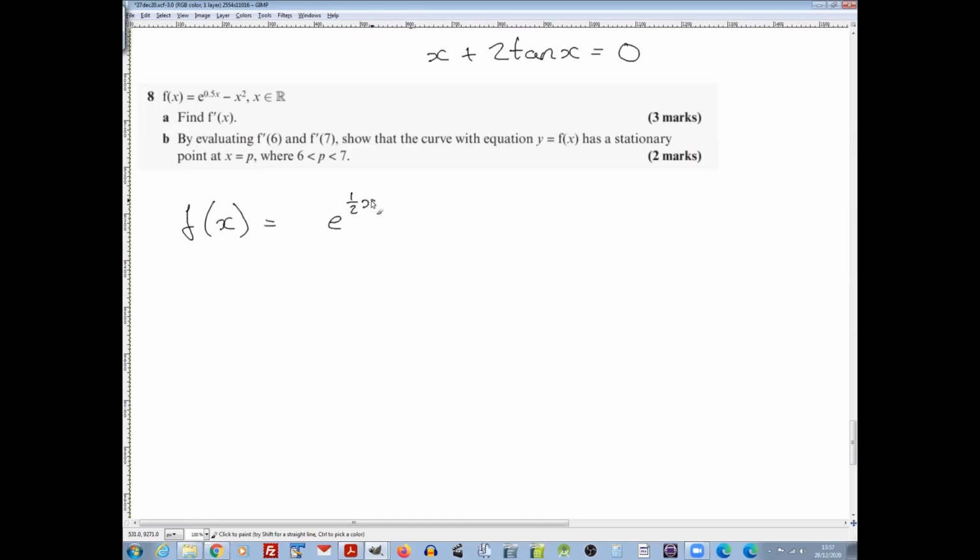Shall we think about it? Okay. Yeah, minus x squared. Minus x squared. So f dashed of x will equal what?